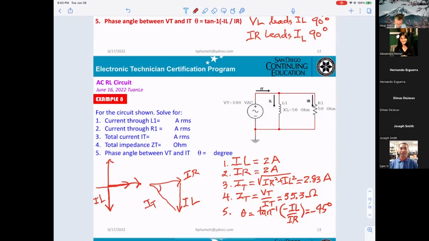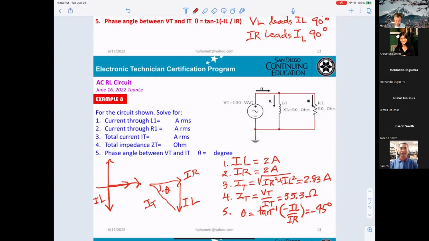And the angle here will be minus theta. Okay? Got it. So that's why you can see theta equals minus IL, going down, divided by IR. That relates to trigonometry.